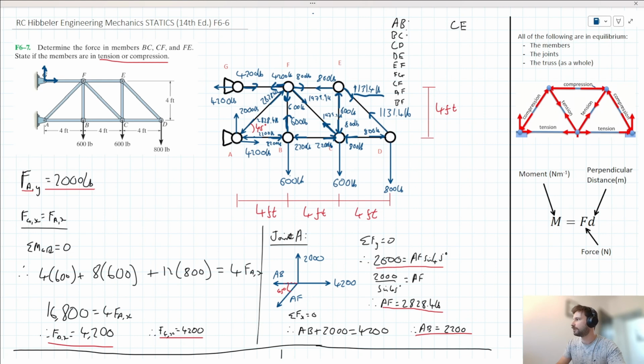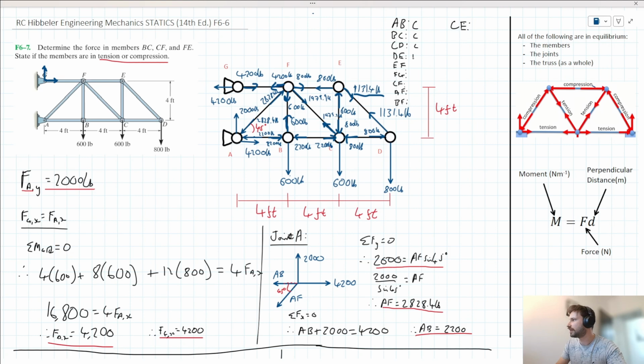Okay, and we could describe each of these members, whether or not they are in tension or compression. Let's go ahead and do that then. So AB looks like it's in compression. Let's just write out C for compression. BC is also in compression. CD is also in compression.